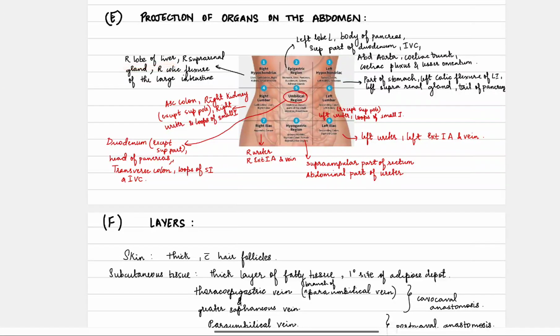Right lobe of the liver, gallbladder, right suprarenal gland, right colic flexure of the large intestine, and also the superior pole of the right kidney.